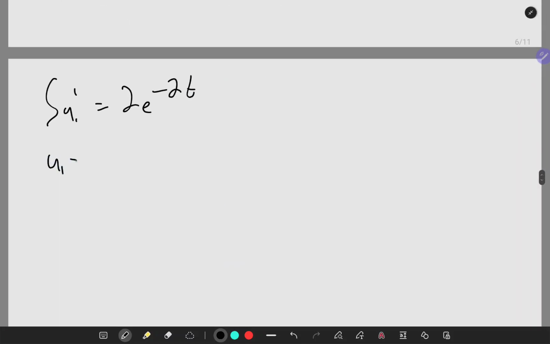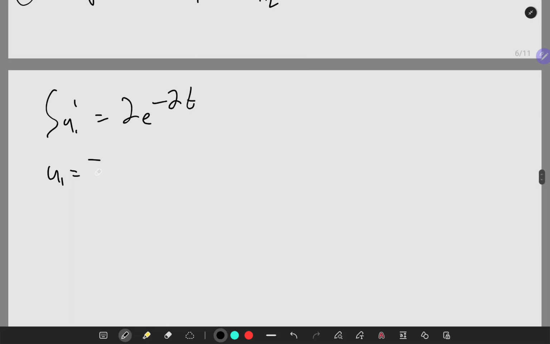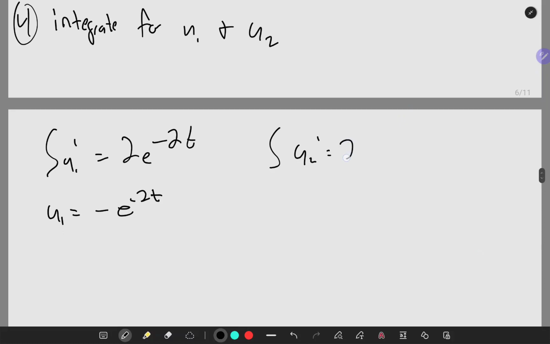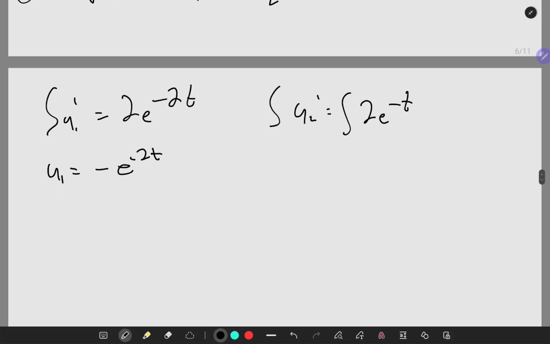So then u1 is equal to, excuse me, negative 2 divided by negative 2. So negative e to the negative 2t. Take the integral of u2 prime. That'll become negative 2e to the negative t. So not too bad, right?